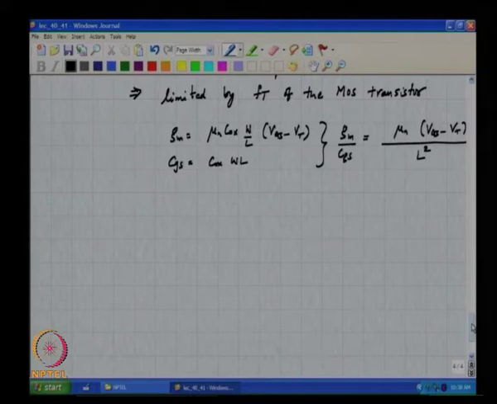So, information is not carried on one wire, but on two wires, and the information is not the absolute potential on either of the wires, it is the difference between these two potentials.